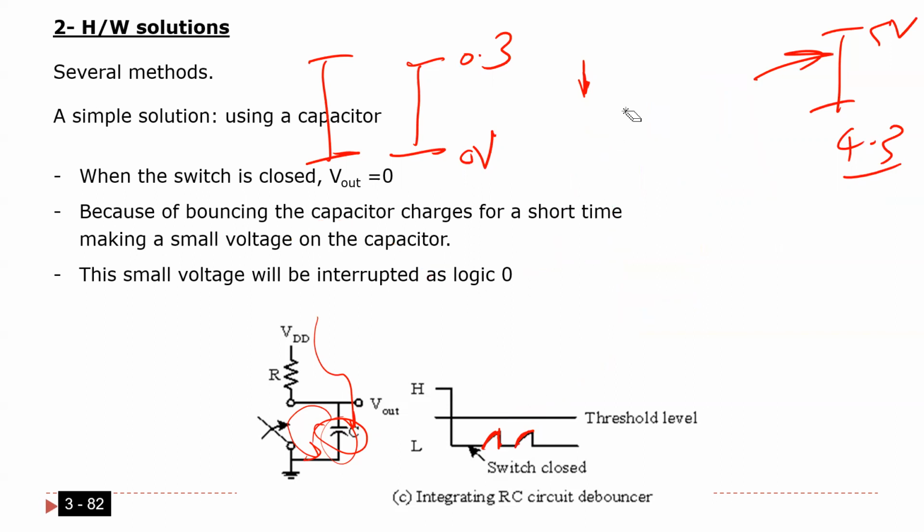As you see here in this figure, guys, because the bouncing time is too short, the capacitor cannot charge too much. So you are going to see here, it is low. Yes, the voltage is going to increase a little bit, but it's still low. Any questions? So this is one solution to the bouncing problem. You can connect the capacitor this way, so that it increases the voltage a little bit, and it's still going to be considered logic 0.